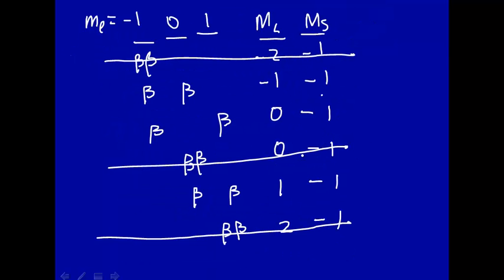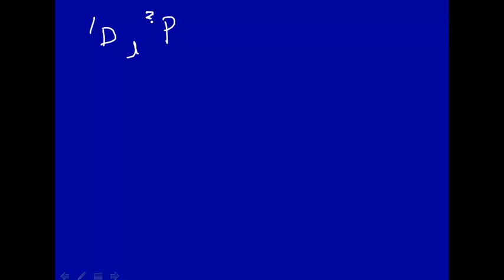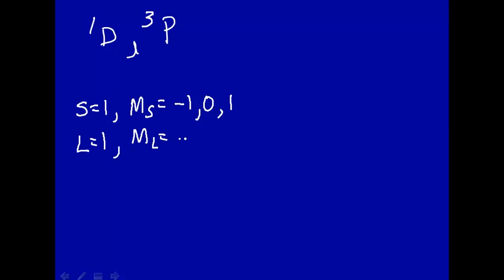So it looks like this is going to be a triplet P. Let's see what we can cross out with a triplet P. A triplet means that S is equal to 1, so M sub s can be minus 1, 0, or plus 1. And L equal to 1 is what that P means. M sub L could be minus 1, 0, and plus 1.